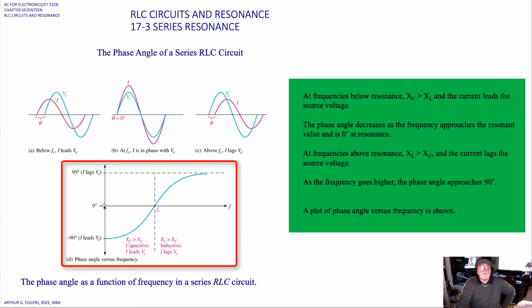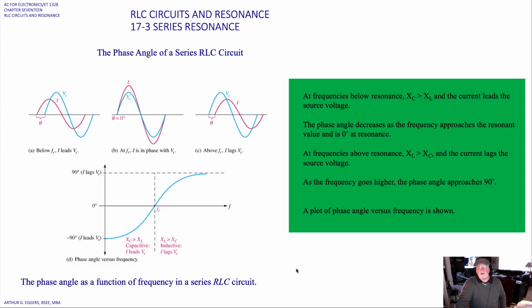So as we move from 0 to the resonant frequency and beyond, we can see what happens with the plot here. Later on, we're going to learn to do something called a Bode plot, where we're going to plot these frequency responses based upon frequency and different types of circuits.